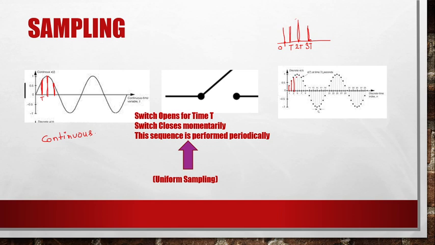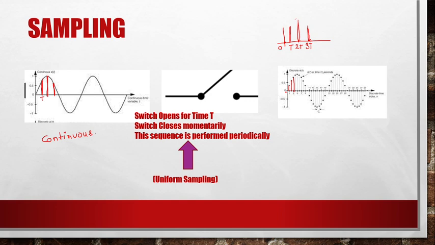I do it momentarily so that I can get the pulse width of the signal very small, tending to 0. To make the pulse width tend to 0, the switch closes for a momentary time.